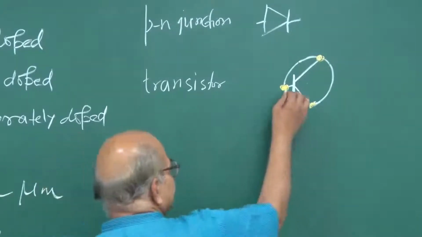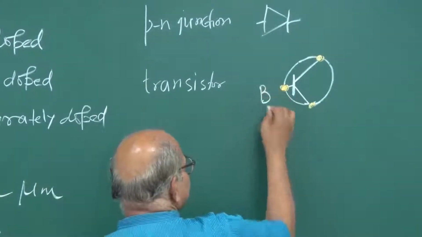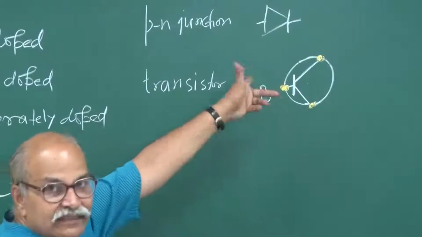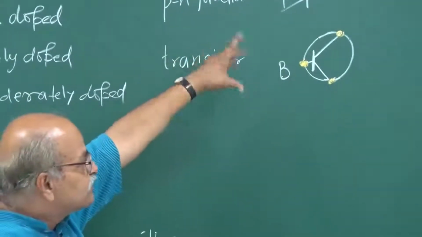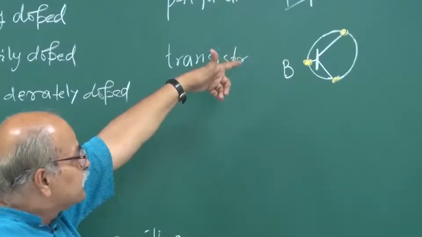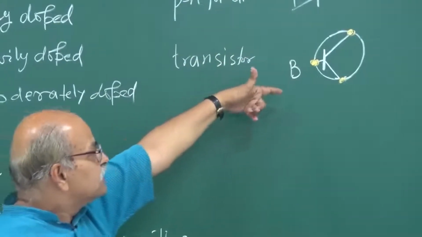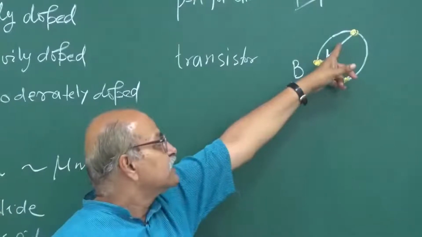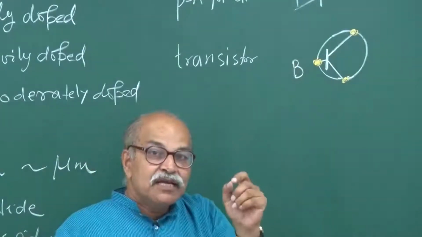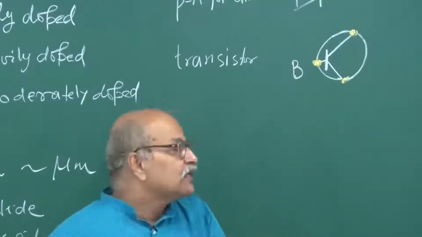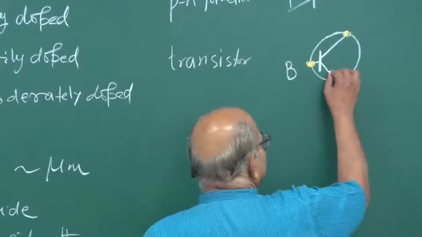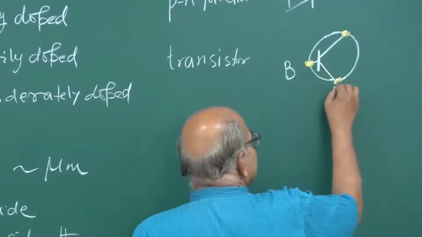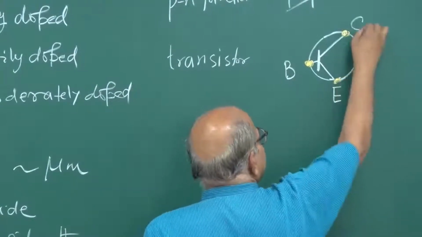from where it has to be added to the external circuit. This one is the base, and one of these is the emitter, another is the collector. How do we distinguish which is emitter and which is collector? In the symbol, we distinguish them by putting an arrow on the line corresponding to the emitter. If I put the arrow here, that means this is the emitter and this is the collector.